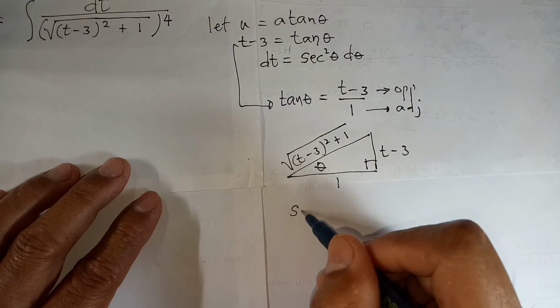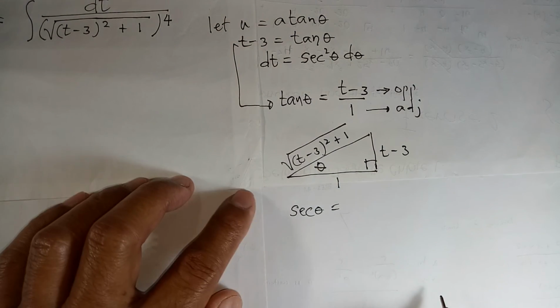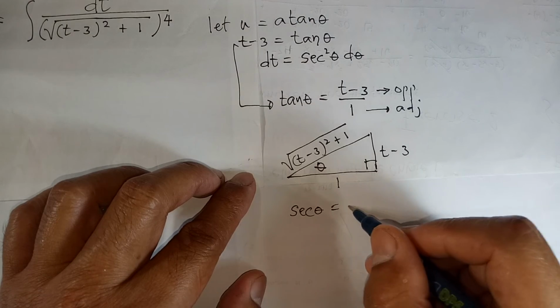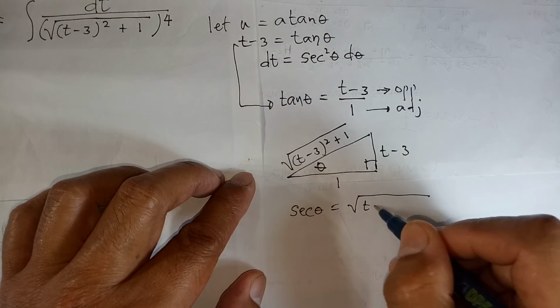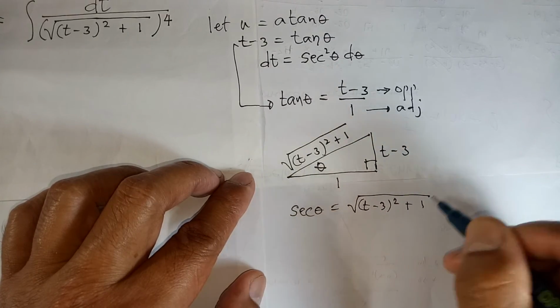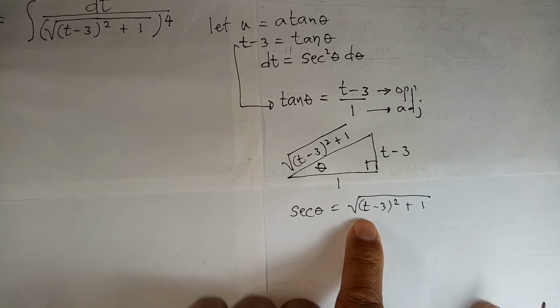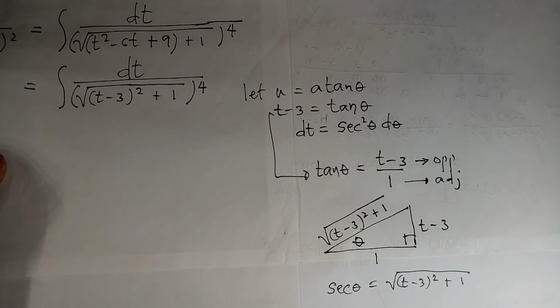So, secant of theta equals the hypotenuse divided by the adjacent side. So, equal siya sa square root of t minus 3 squared plus 1, divided by 1, or square root of t minus 3 squared plus 1.